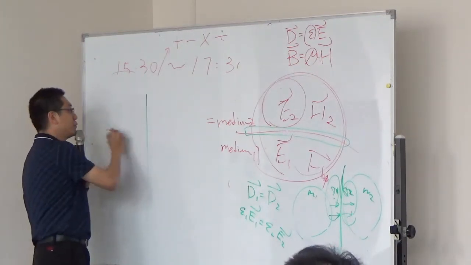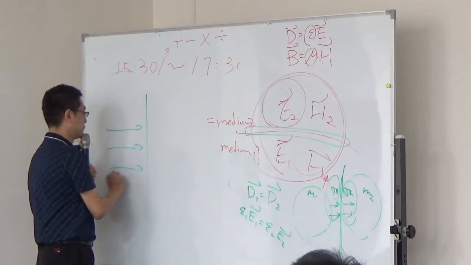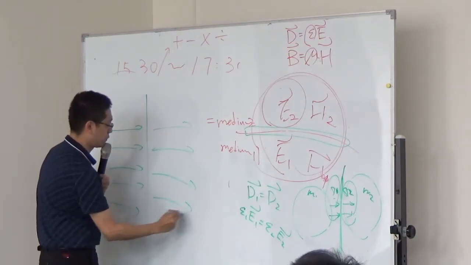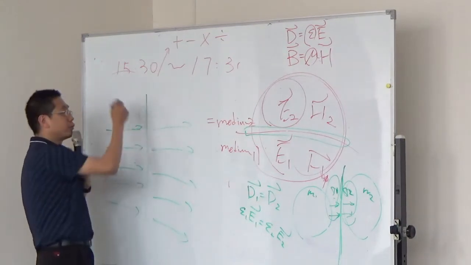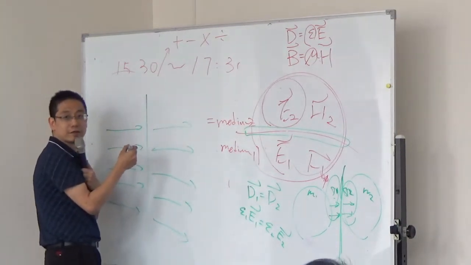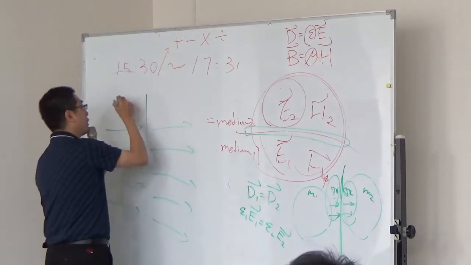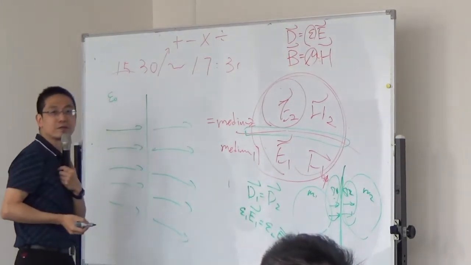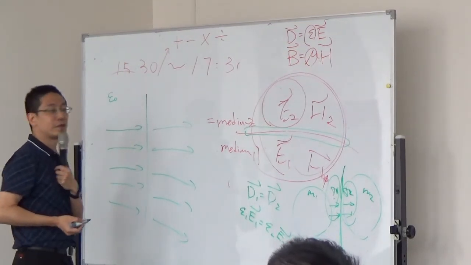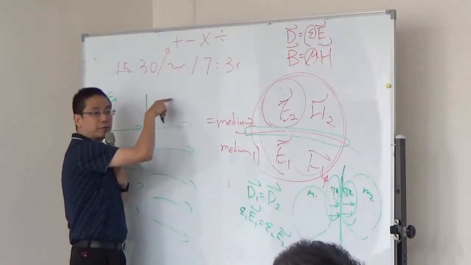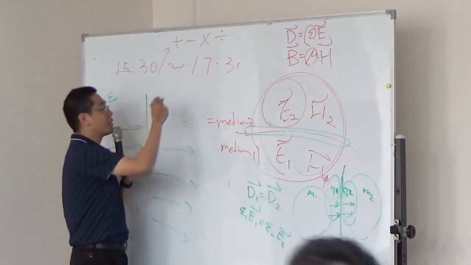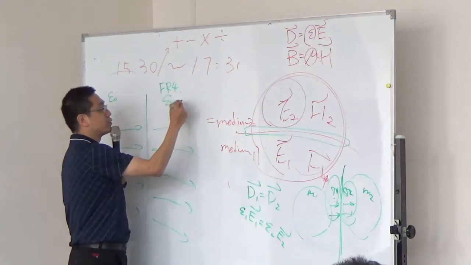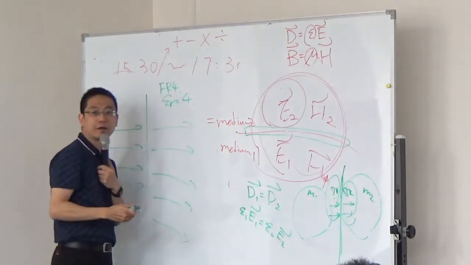There are two fields, and this is the boundary. Two media. If there is air, call it epsilon 0. If this is FR4, epsilon R equals, just use 4.